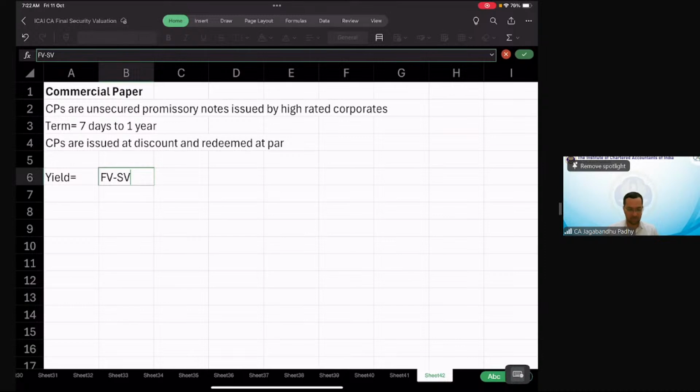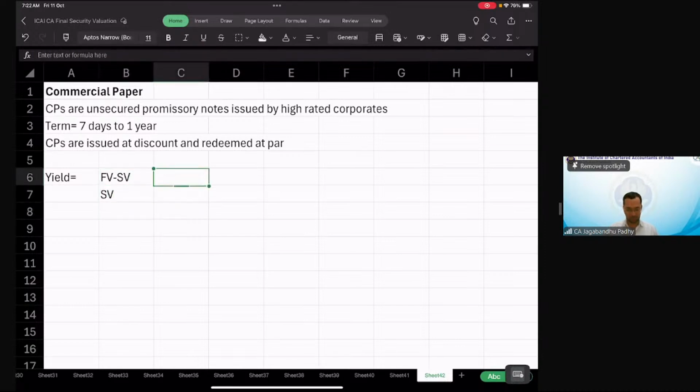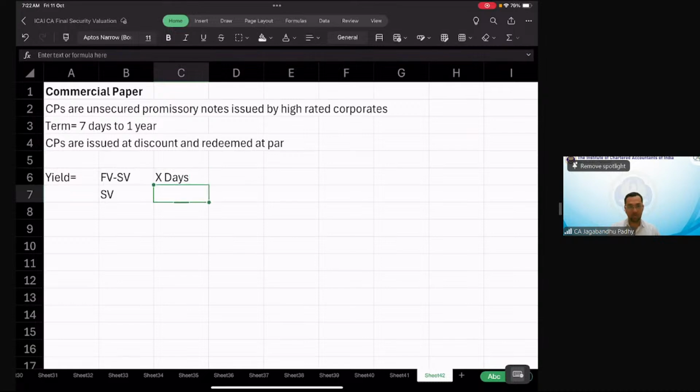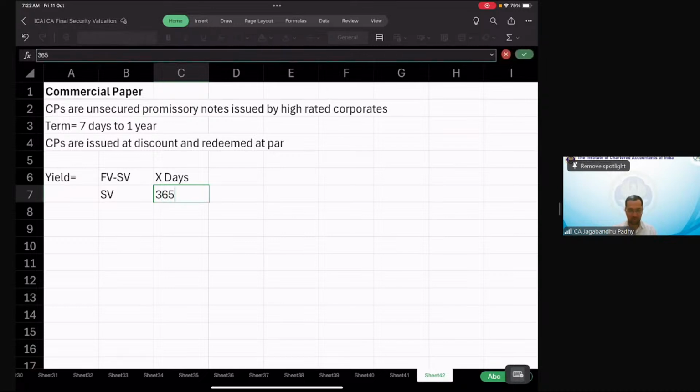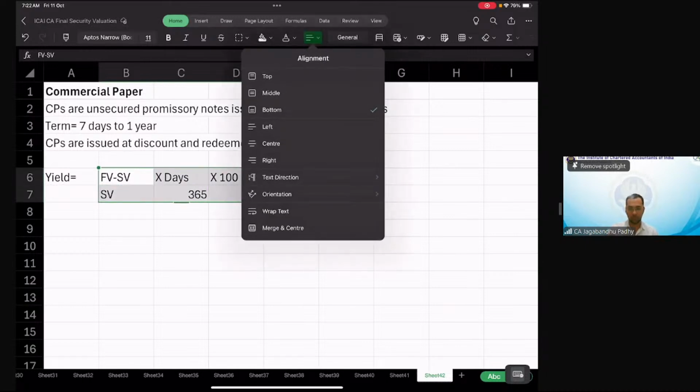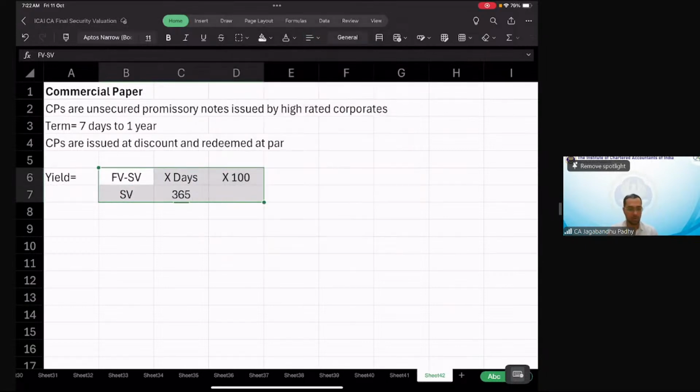So face value minus sale value upon sale value, you multiply it with 365 upon the number of days, and then multiply it by 100 to arrive at the yield value. That's how we compute the yield.